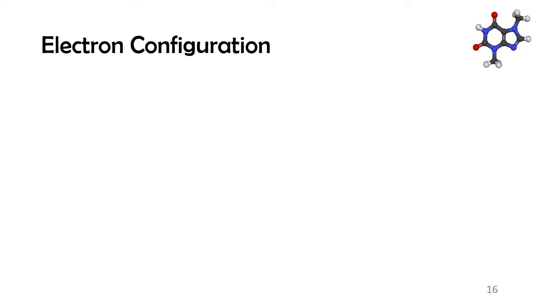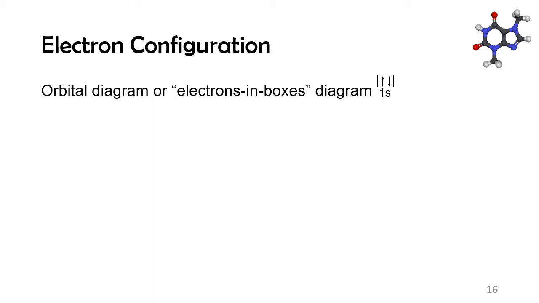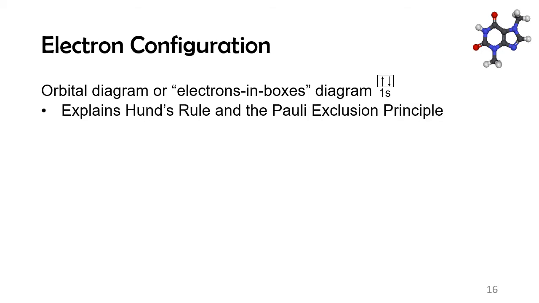Another way to show how electrons fill each orbital is by using the orbital diagram or electrons in boxes diagram. In this diagram, the arrows represent electrons and boxes represent orbitals. This diagram best explains the two other rules that govern electron configuration, Hund's rule and the Pauli exclusion principle.